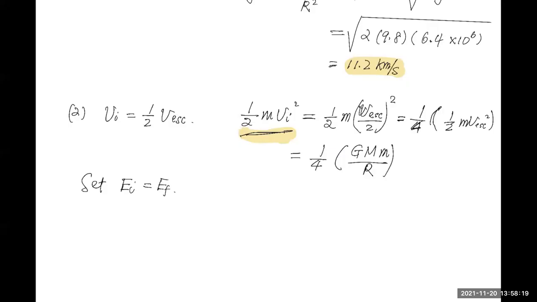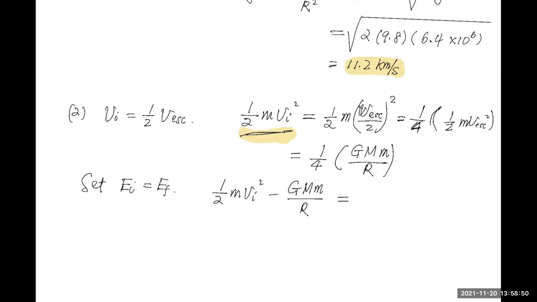So this is K initial, right? So I'm going to write 1/2 m v initial squared, and then minus the same expression for the potential energy initial value. I'm going to set it to final energy, K final plus U final, but K final equals 0 because by the time we reach the top of the motion, you're no longer going up, so you have stopped. So there's no kinetic energy at the final point.